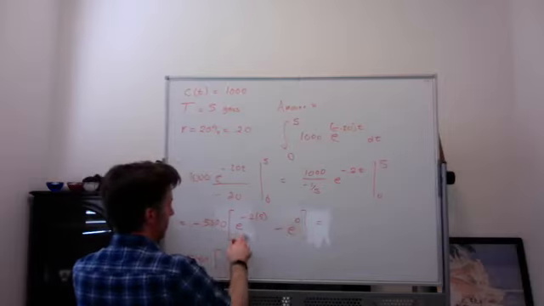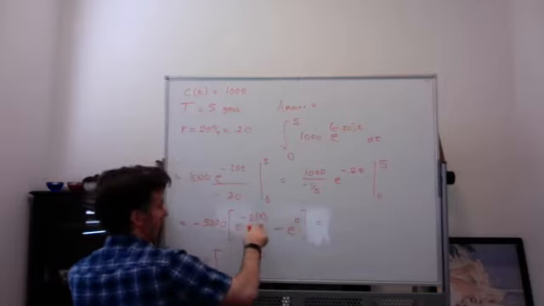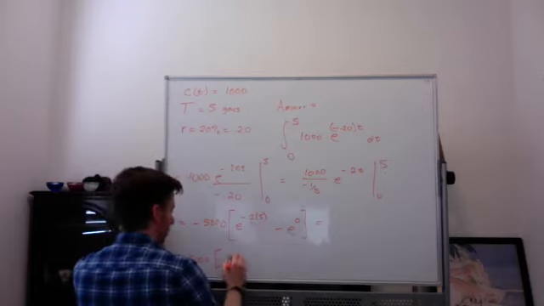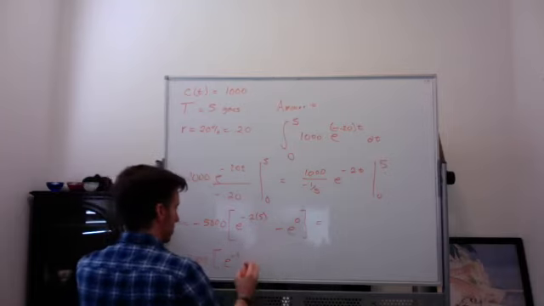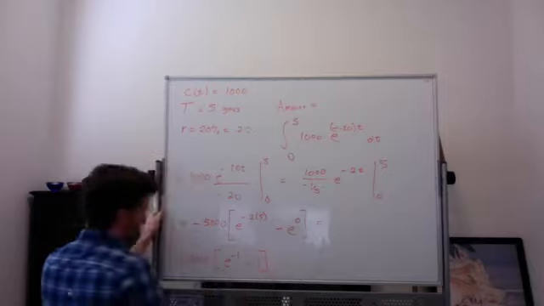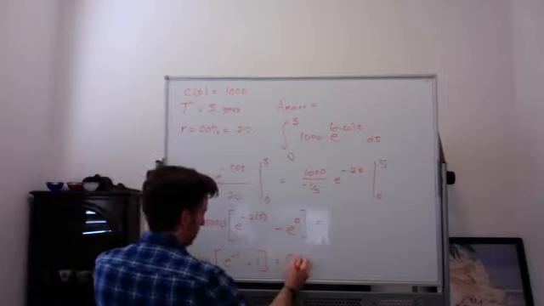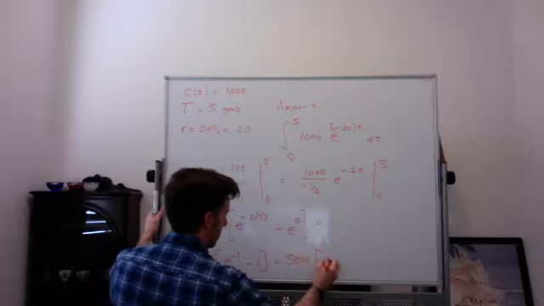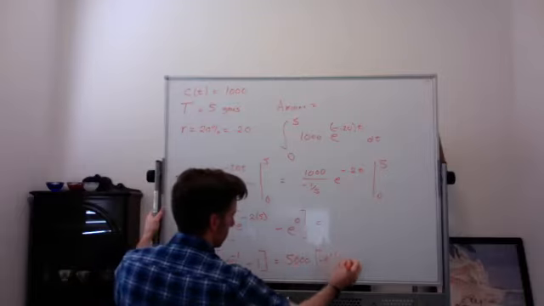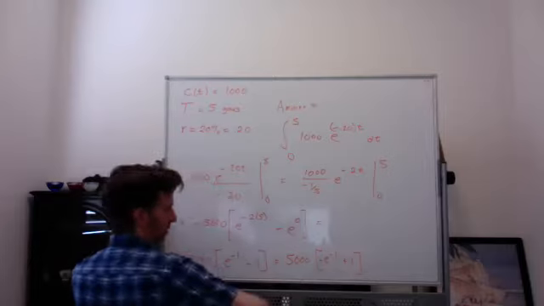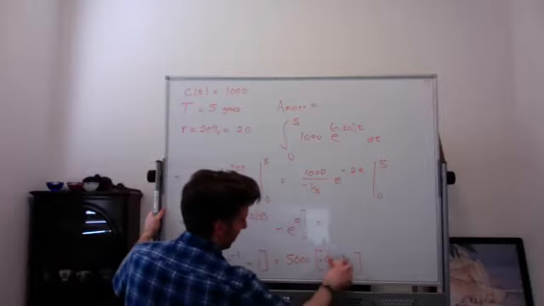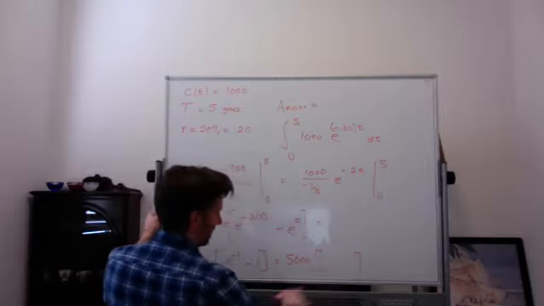Negative 5,000 times e to the negative 0.2 times 5, which is e to the negative 1, minus e to the 0, which is 1. Then you could distribute the minus sign and write this as 5,000 times 1 minus e to the negative 1. Again, what I'm doing right here is not that important.